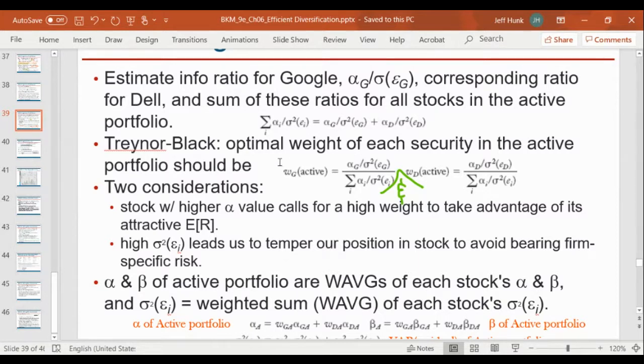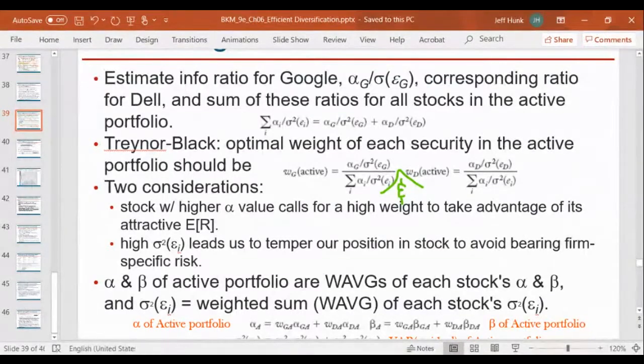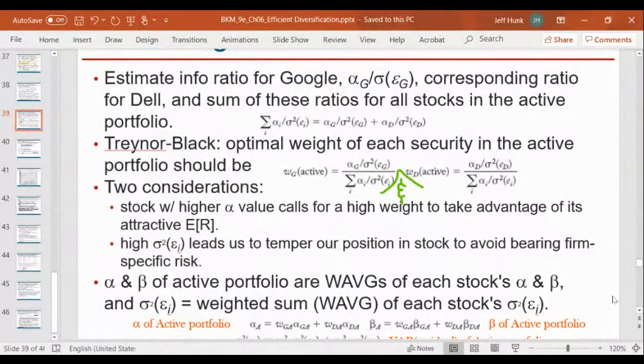Make sense? So lots of weight distribution, determining weights. We determined the weight Y, remember, between T-bills and the optimal risky portfolio.